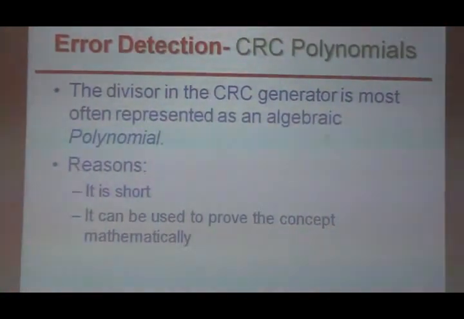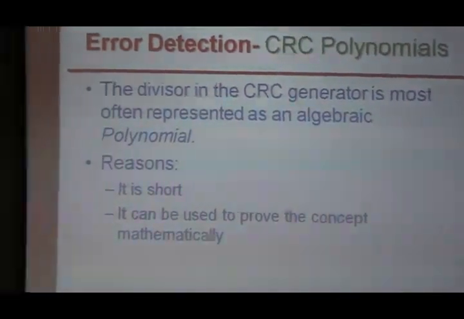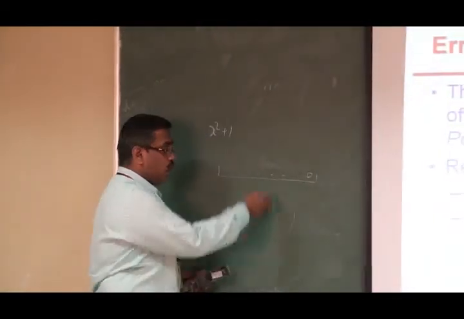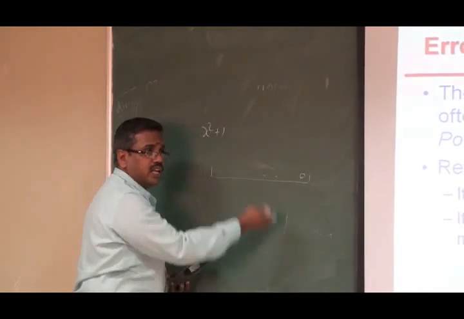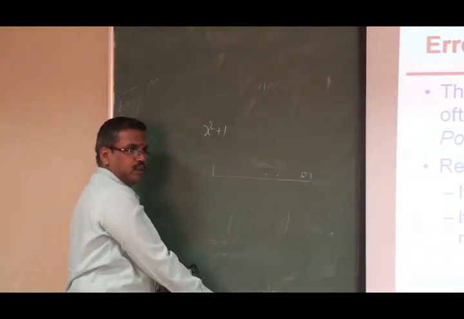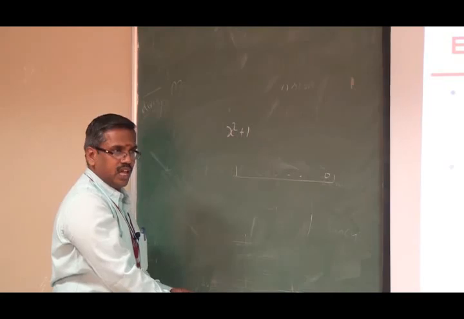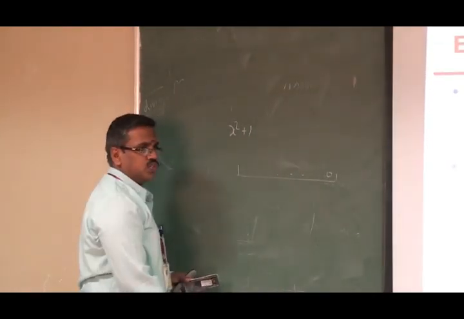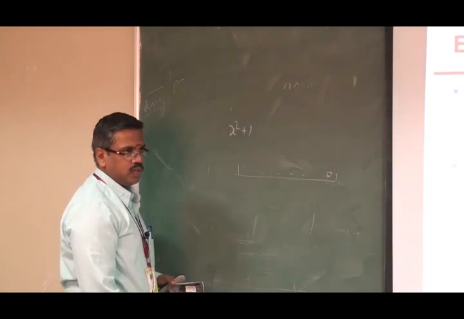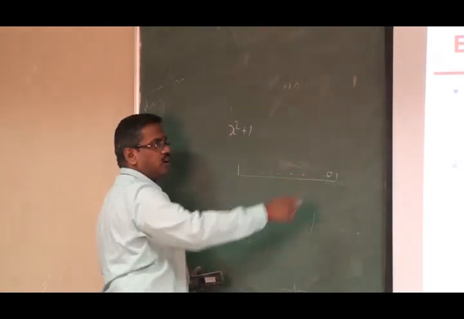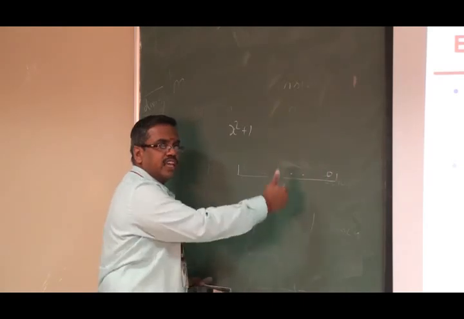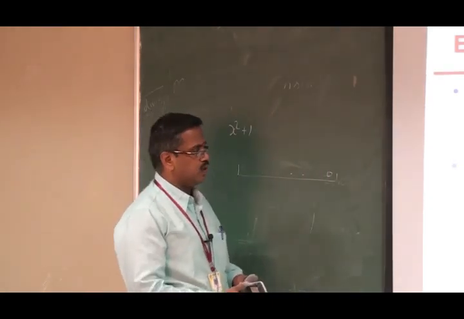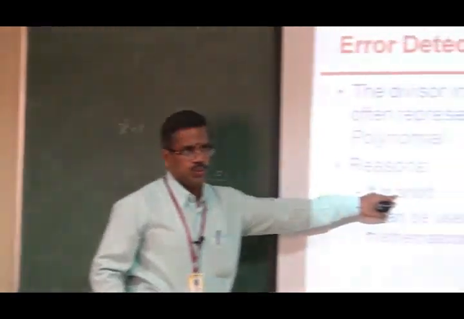When you have a very high number of binary digits, dot dot dot 0 1, imagine how many computations you need to perform in the division. Instead, when I use polynomials, I can complete this process in a few steps, so we say it is too short.